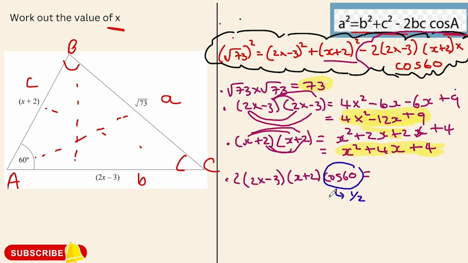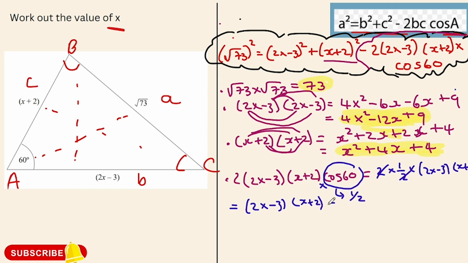Okay, so if I was going to rewrite this, this will be 2 times a half, because remember there's an invisible times over here, times 2x minus 3 and then x plus 2. Okay, now these two cancel out, so I'm now left with 2x minus 3 and x plus 2.